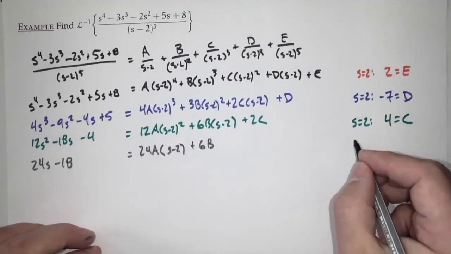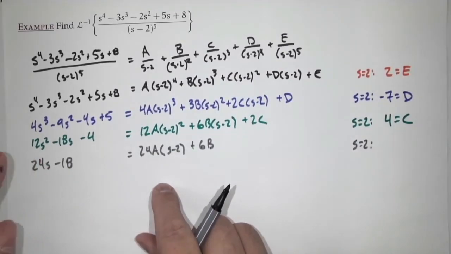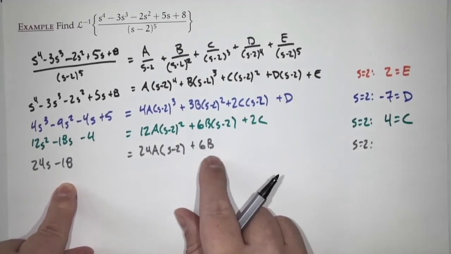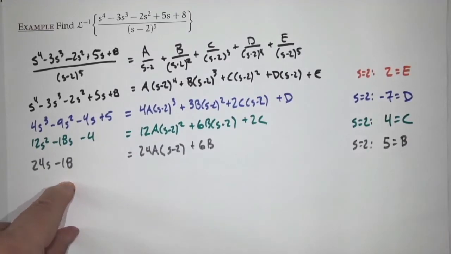Let's pick 2. Over here, we get 48 minus 18, which is 30. That equals 6 times b, so what is b? 5. All right. Pick 0? No, you haven't learned the game yet. What's the game? Yeah, let's take a derivative.